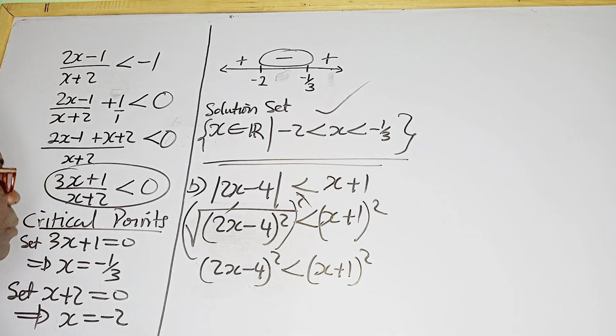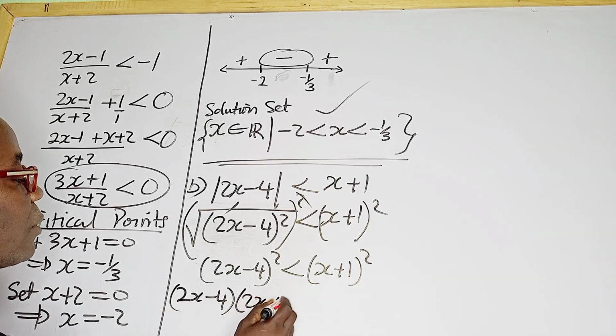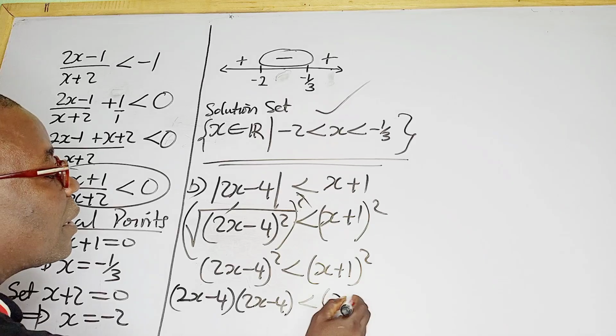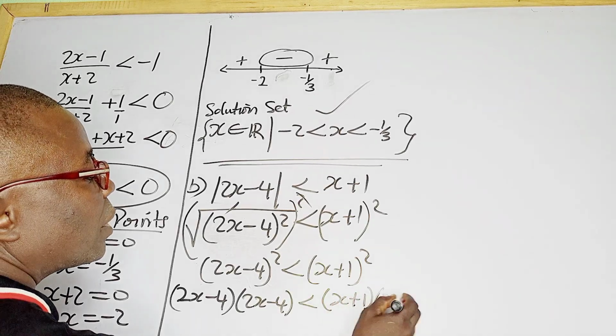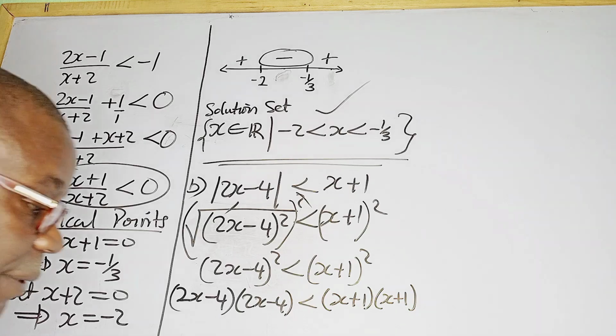Now, we either open this parenthesis and open that other one, or we use the difference of squares identity. Let's open this. We have 2x minus 4 times 2x minus 4 less than x plus 1 times x plus 1. That's the meaning of squaring.